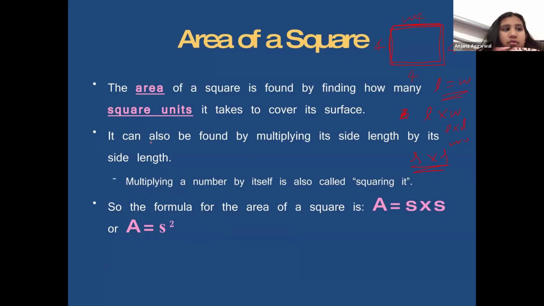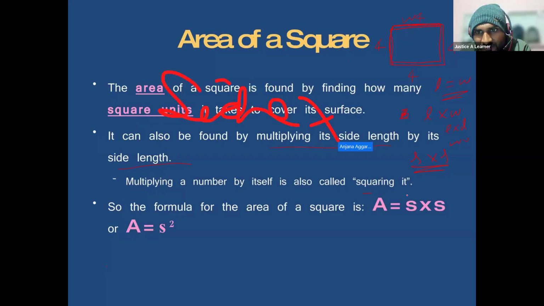So it can also be found by multiplying its side length by its side length, side by side. Multiplying a number by itself is also called squaring it.